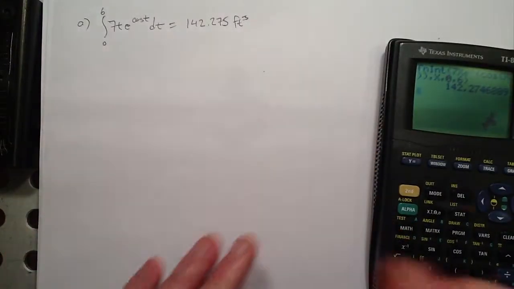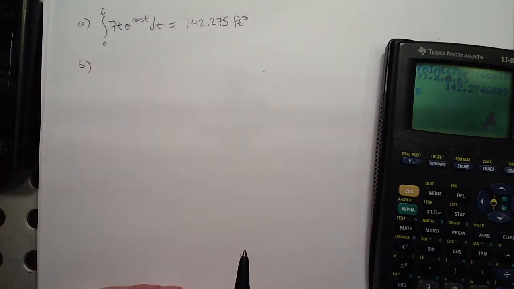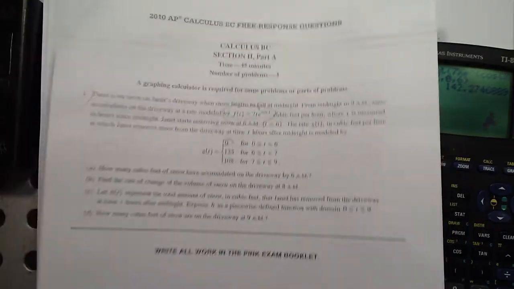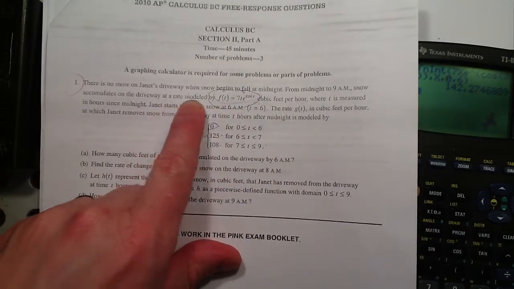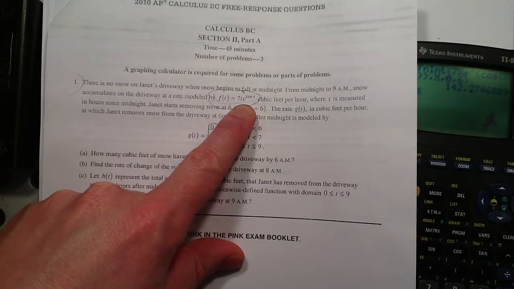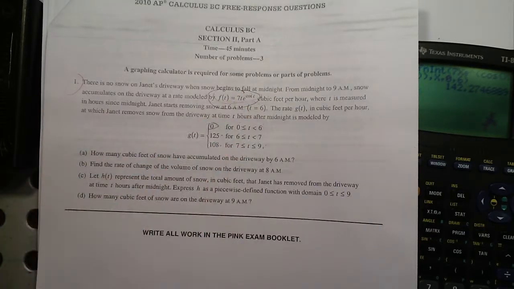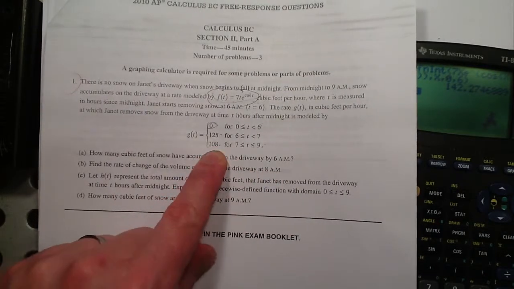Okay. Part B. Find the rate of change of the volume of snow on the driveway at 8 a.m. Well, there's two things happening at 8 a.m. The rate that snow is accumulating we can get just by plugging 8 into this. And the rate that she's removing it at 8 a.m. is this.